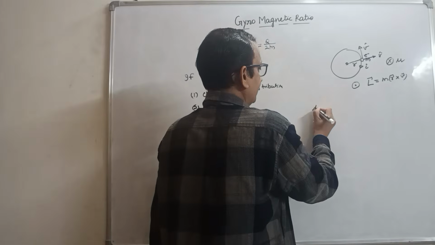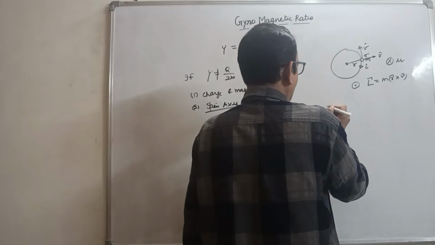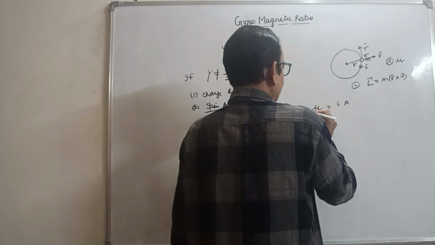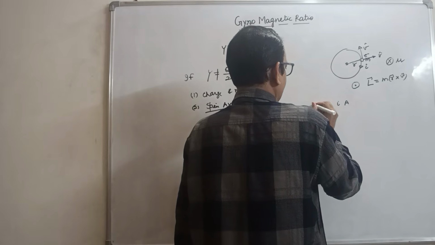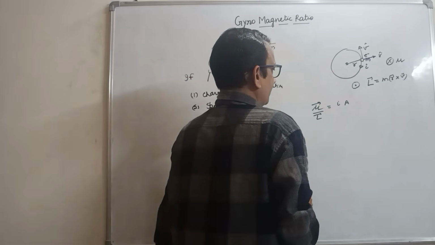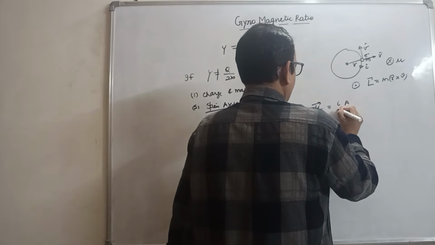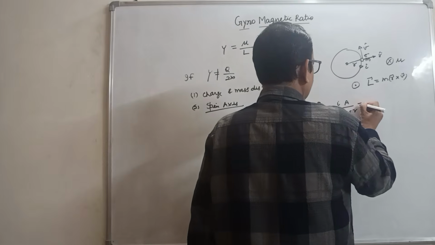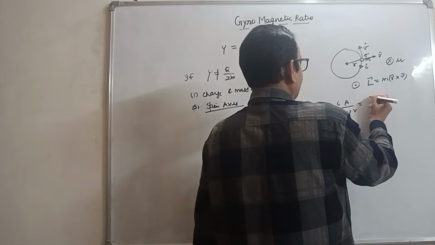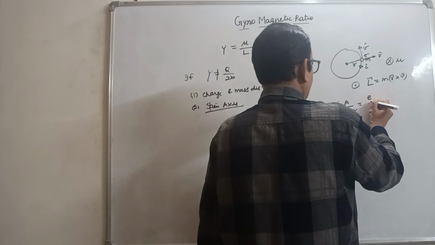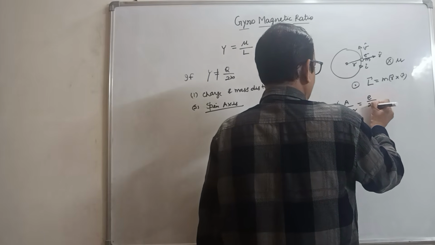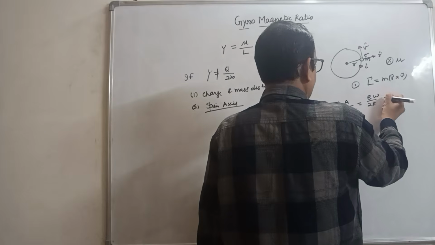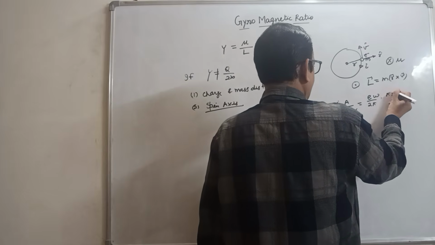So we can write the magnetic moment for this case as IA, and the angular momentum is the L vector, which is mvr in magnitude. Suppose the charge is e, then I becomes e upon 2 pi by omega, where 2 pi by omega is the time period, and the area would be pi r square.